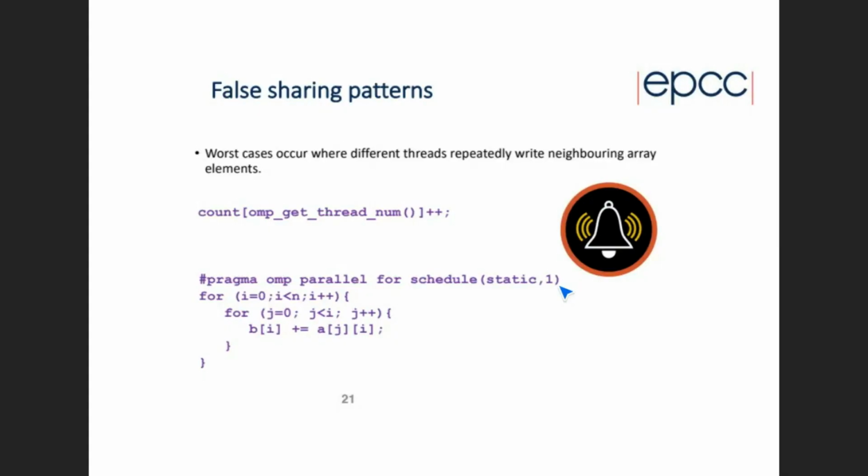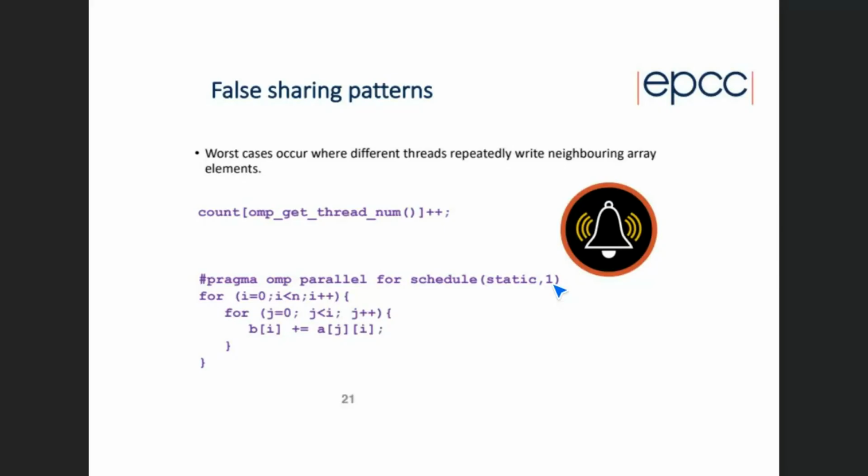So my chunk size might need to be 8 or 16 or something like that for that to happen. So you can quite often observe that in some cases the small chunk size does not give you the best performance, and this is one possible reason why that might happen.